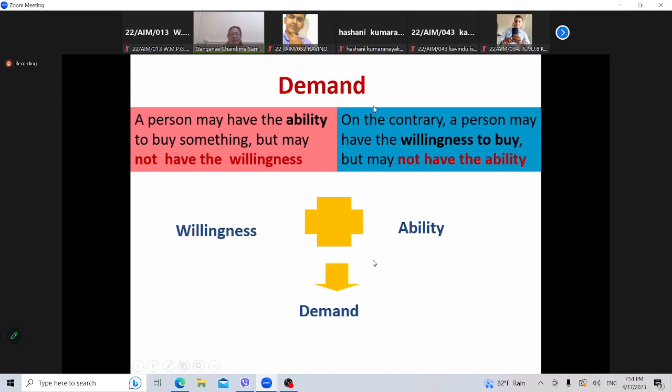But on the other hand, one person may have the willingness. Let's say one of your friends would like to buy that car, but does not have the ability because he or she doesn't have enough money. So demand means both willingness as well as ability. Up to here, did you get the point? That's a very normal situation. If you only like it, that's not enough. You should have money; your ability of buying things is the demand.